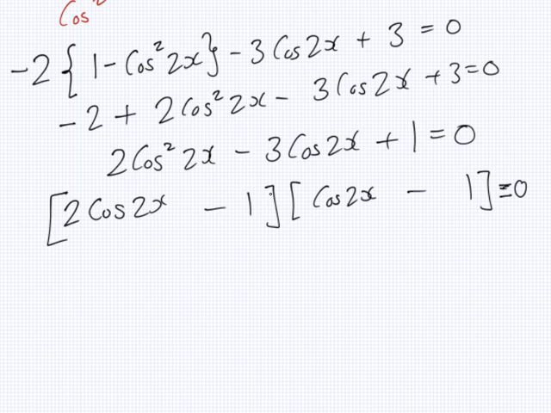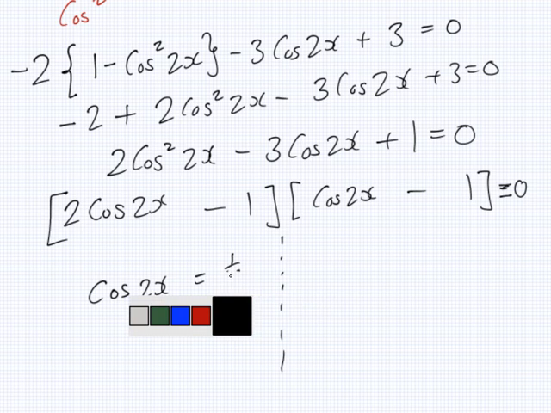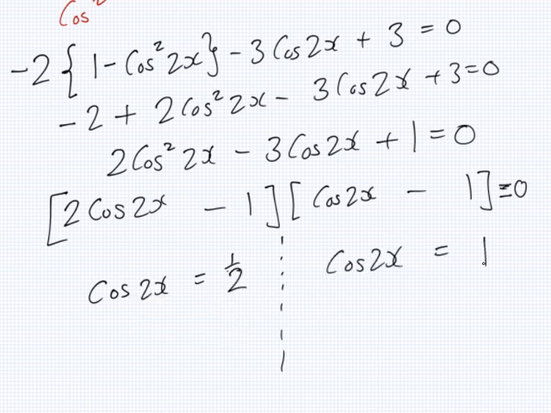Okay. Got that? Yeah. Now, this gives us 2 equations. We can have cos 2x equals a half. Cos 2x equals 1. Those are the 2 answers.